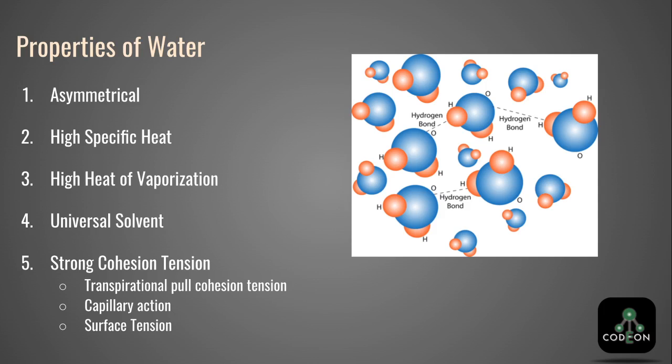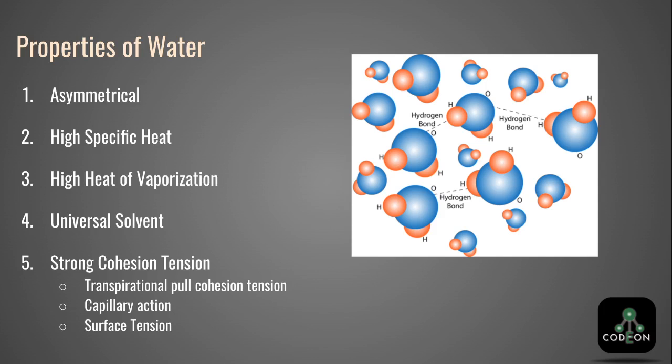Water is asymmetrical because at the intramolecular level, there's going to be, as we said, an unequal distribution or pool of electrons between the hydrogen atoms and the oxygen atoms. And what this allows, as we see on the right, is something called hydrogen bonding. Because there's going to be more buildup of charge on the oxygen and less buildup of charge on the hydrogen, there are partial charges on the oxygen and hydrogen atoms.